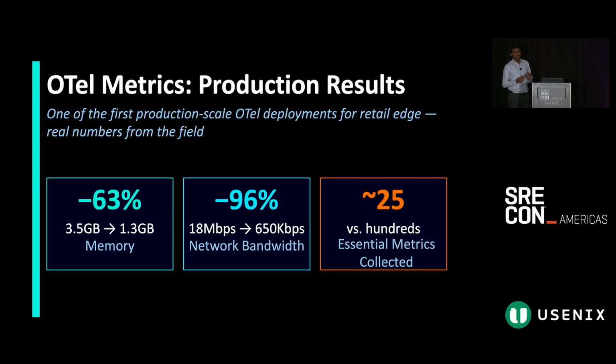Then the main thing is, we are not collecting everything. If you take any monitoring solution, it can produce hundreds or sometimes thousands of metrics, but are we really using all those metrics? Really not. When we talk about visualization, dashboarding or alerting, we barely use 5 or 6 core metrics.